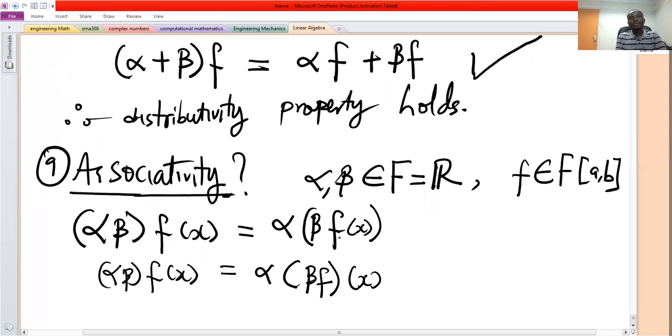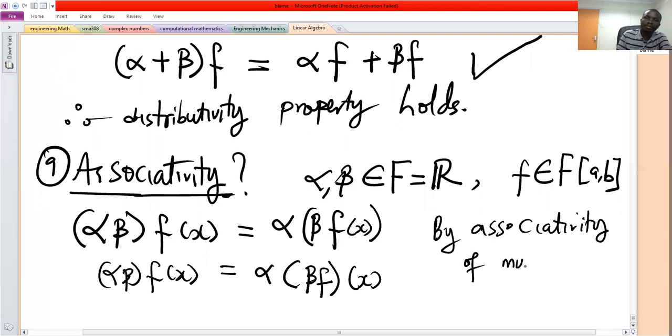What's allowing me to do this is because of associativity of multiplication on the field F of real numbers.